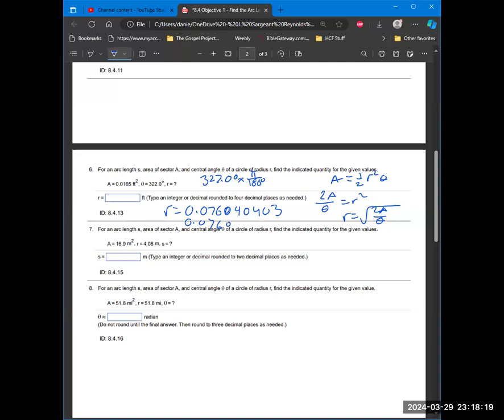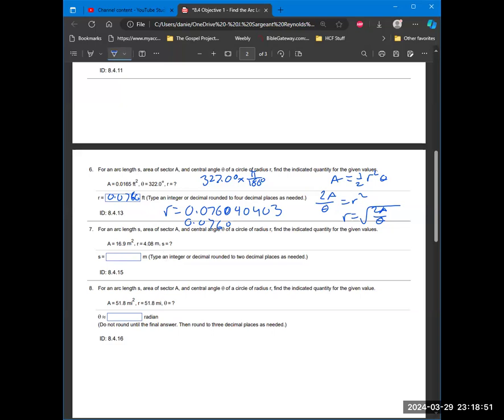My lab got 0.0766, and the difference there is their rounding error because they rounded when they found r squared, and they rounded again when they found r, and they rounded when they found theta. So don't do that. Round one time at the end of the problem.